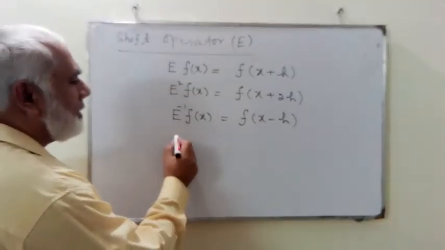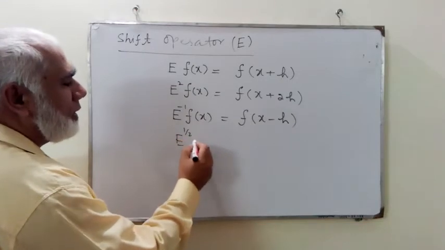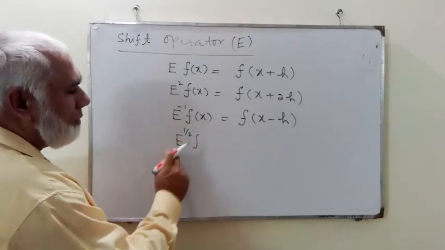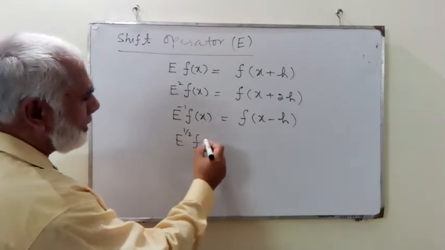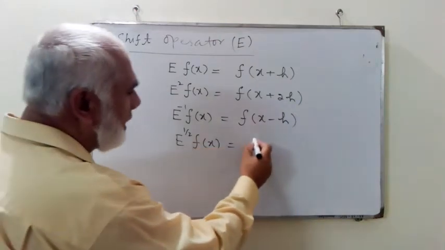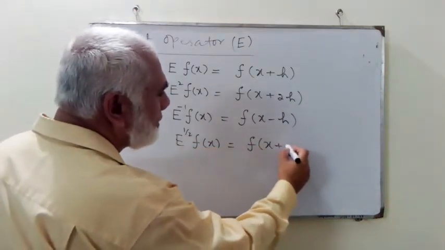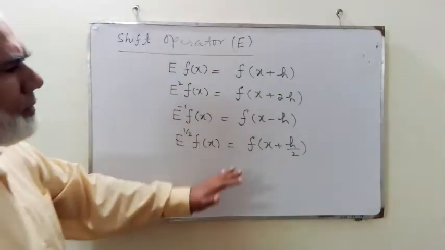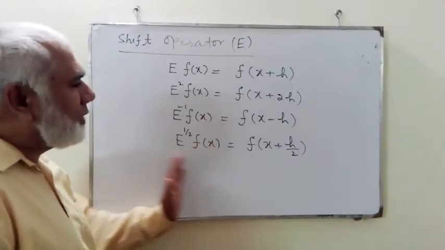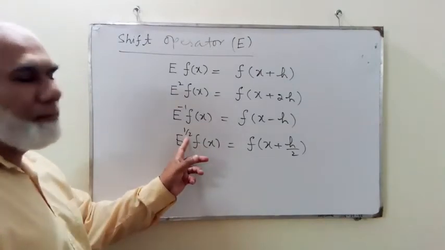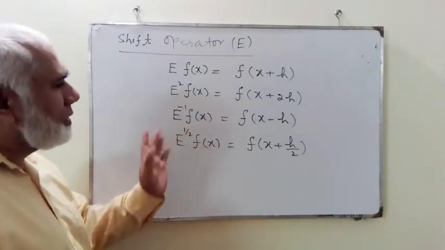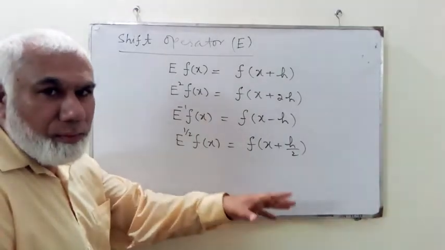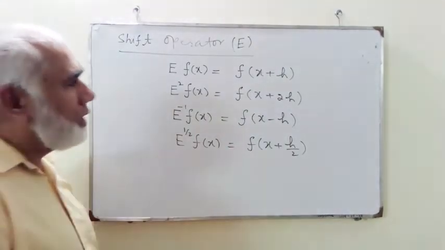And on the same pattern, if I give a half application of the shift operator over the function f(x), it shifts the function to f(x plus h by 2). There can be other ways to write this, according to the indication of how much increment we have to give to the function.